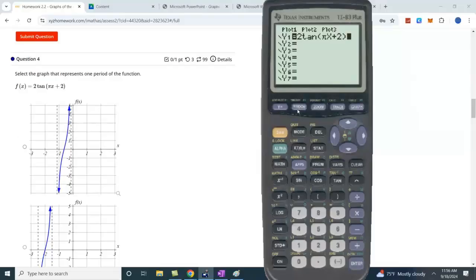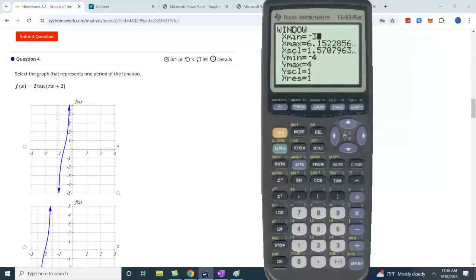So from this point, I want to go into window. So now here's what you see in window. You see x minimum. So x minimum would be the smallest x value on my graph, which is -3. So make sure you put in the negative and not the minus.